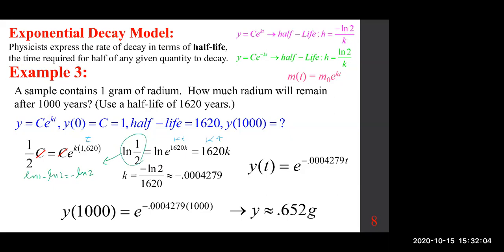If you didn't replace the 1620, that means this is equal to kt, and the t is minus ln2 divided by k. Now this t, in some cases they use h, which means half-life. I hope everybody's comfortable with that.